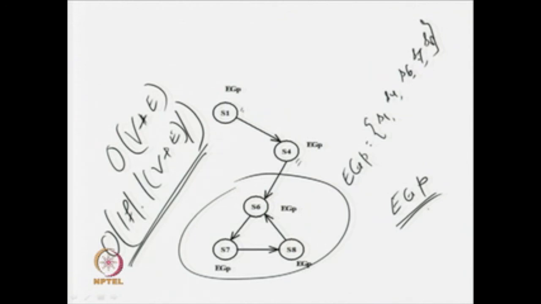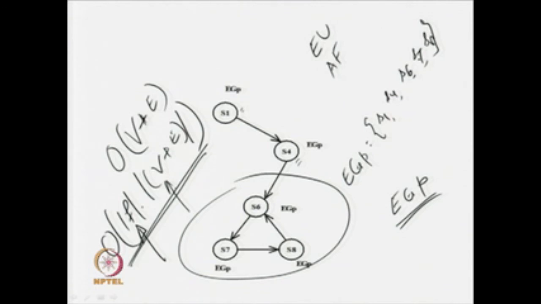But in case of EU and AF, the complexity is linear in the length of the formula, but quadratic in the size of my state space, or quadratic in the number of nodes that we have in my state space.